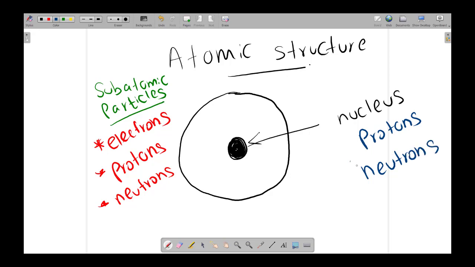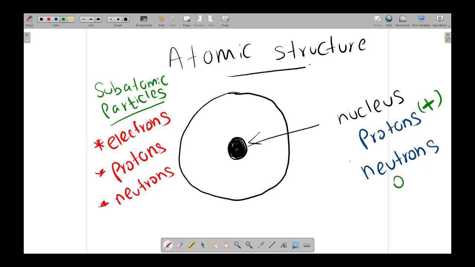If we consider the charges, protons are positive charge. They are positive, right? And neutrons, their charge is neutral.